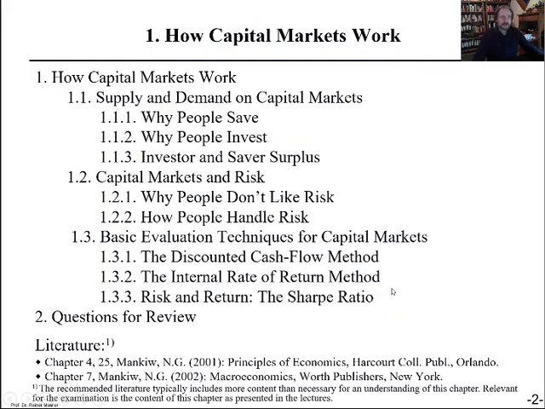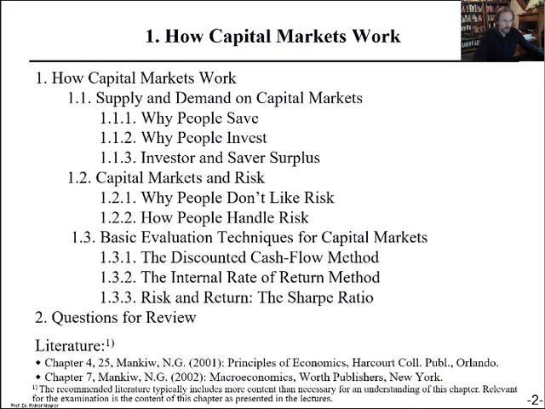Before we start, let me give you a short overview of chapter 1. We will start with a repetition of some basic microeconomic concepts. In section 1.1 we will discuss the reasons why people make savings or investments and how capital markets can help to coordinate savings and investment behavior.